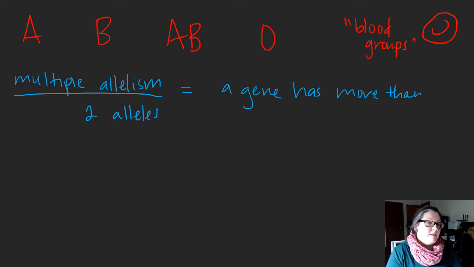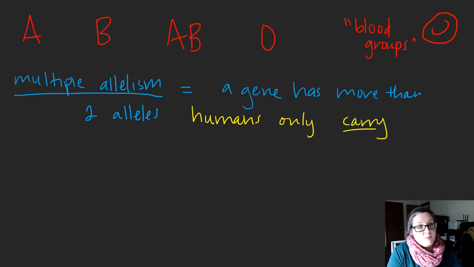The difference though is that we still only have 2 alleles within our cells. You could say we only carry 2 alleles on the homologous chromosomes.